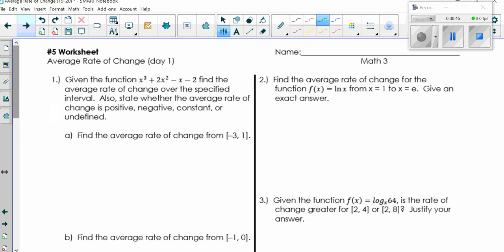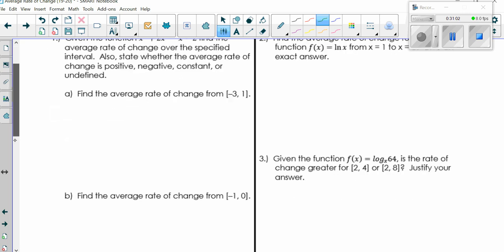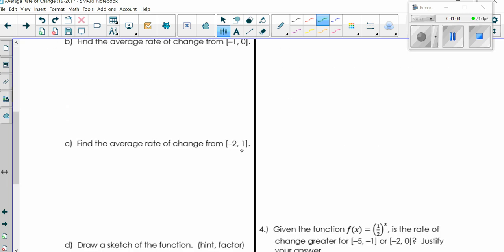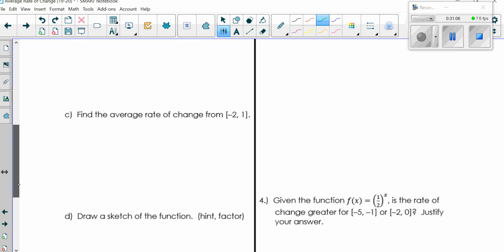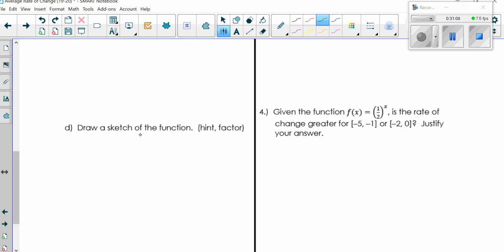But each of these is just going to go through rate of change, and it's going to be a lot of evaluating and just different ways that you guys can see the same question. Okay, so you're going to see like this first one, it's a cubic function. It's going to say find the average rate of change over this interval, and this interval, and this interval. So you have 3 different intervals that you're doing for the same function, and then draw a sketch of the function.